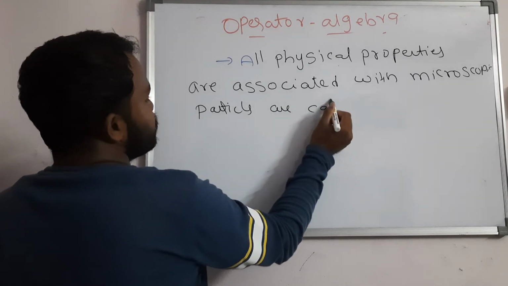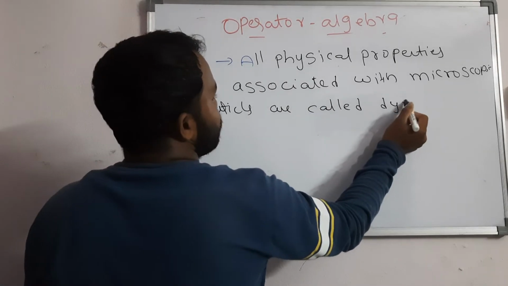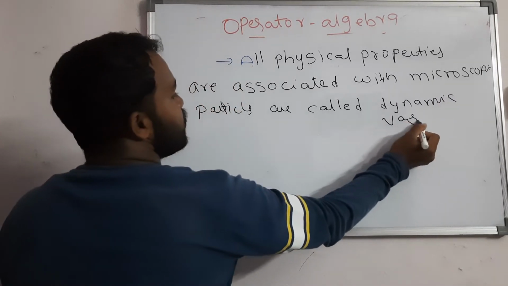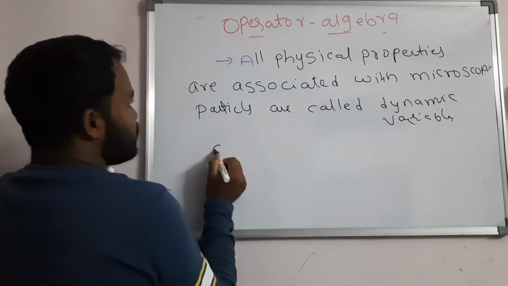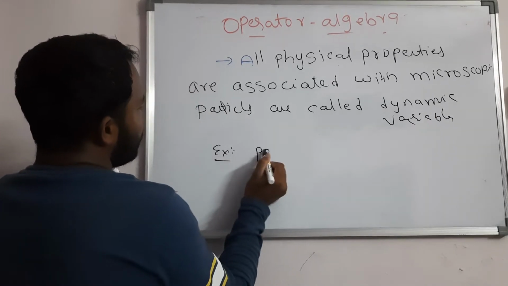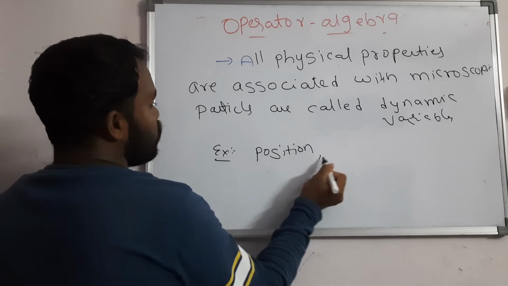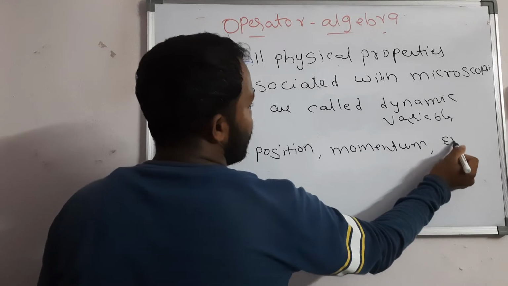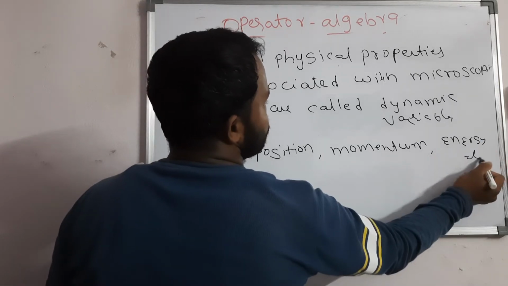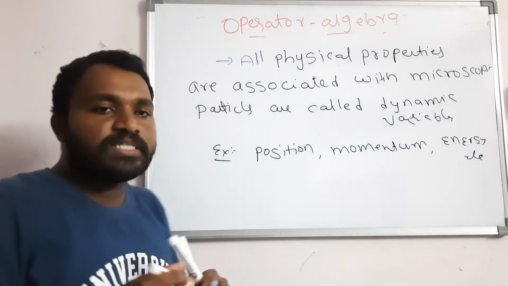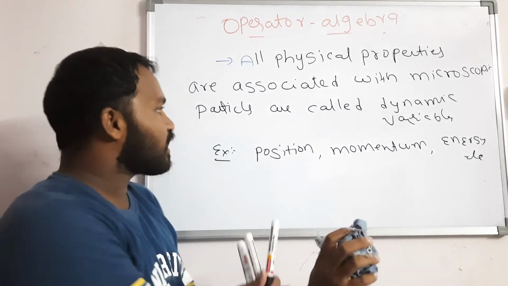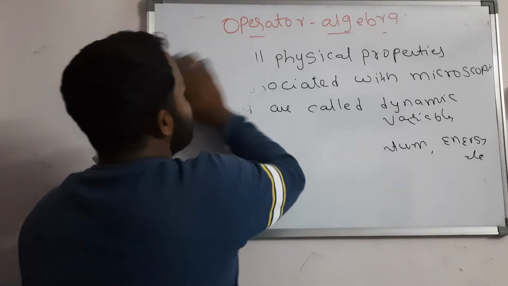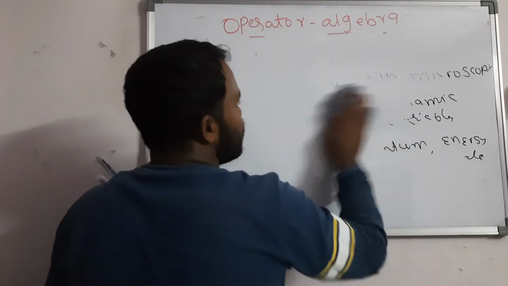What are those variables? For example, position, momentum, energy, etc. So all physical properties associated with microscopic particles are called dynamic variables: position, momentum and energy, etc.